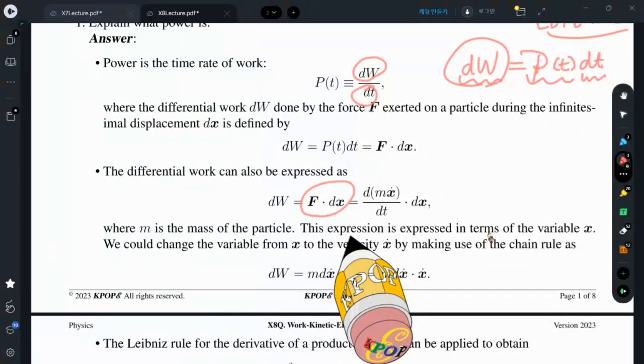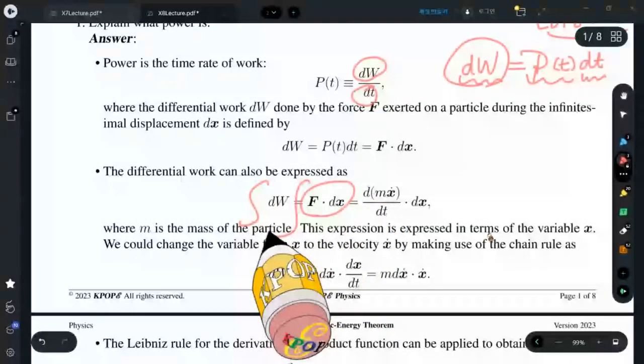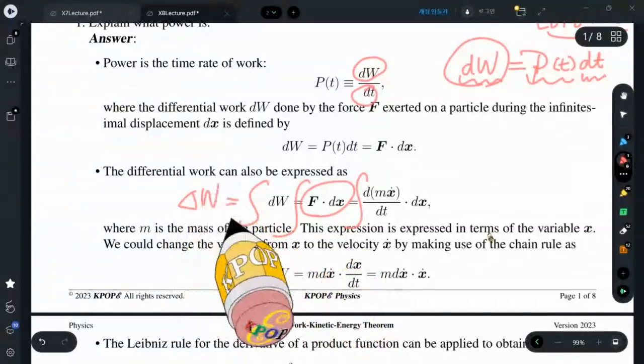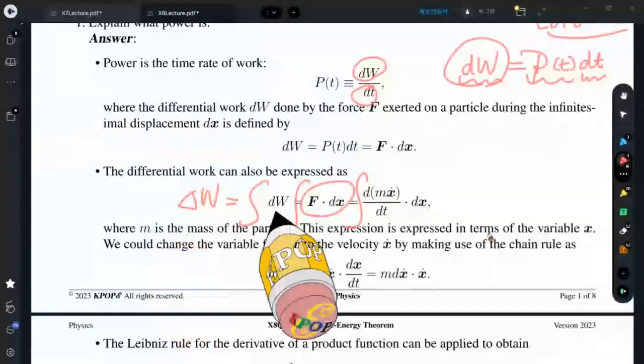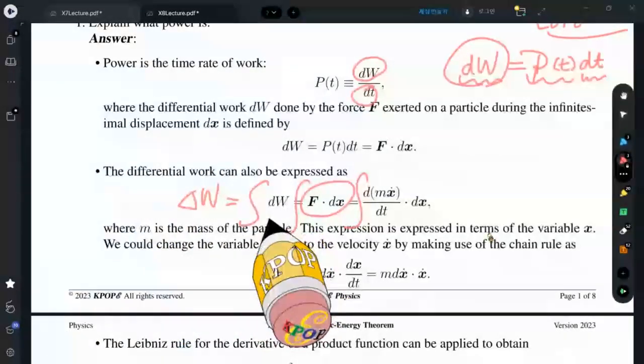By the way, if I attach this notation, then we just sum all of the tiny pieces of the work. So this is the integral of work.